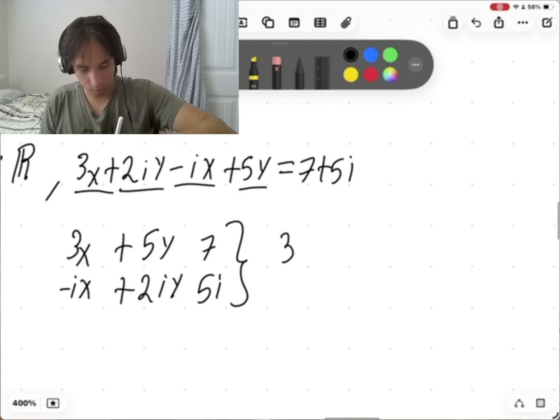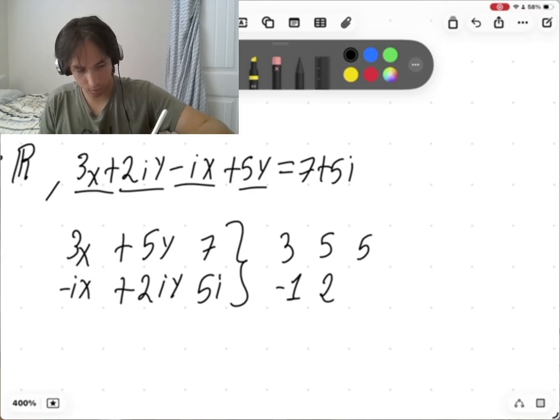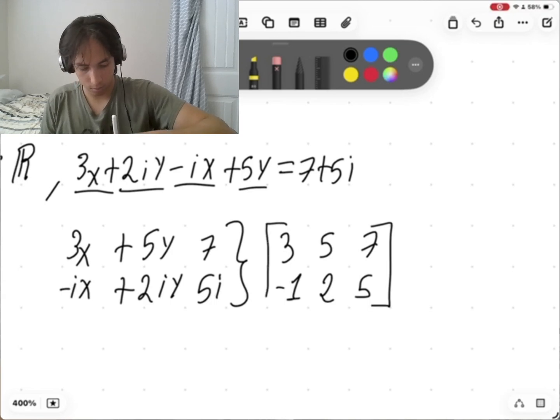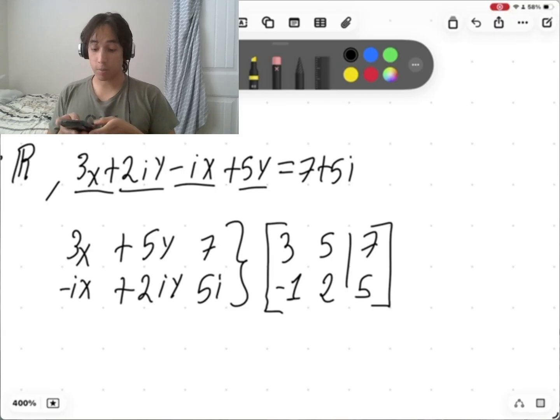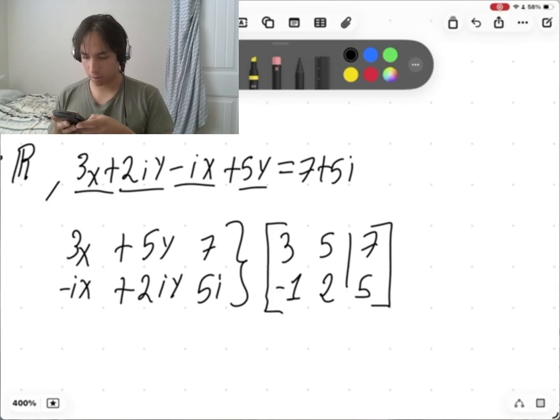And we get the matrix 3, 5, negative 1, 2, and 7, 5. Matrices, it's all matrices. They are everywhere. Plus 5, 7, negative 1, plus 2, 5, boom.